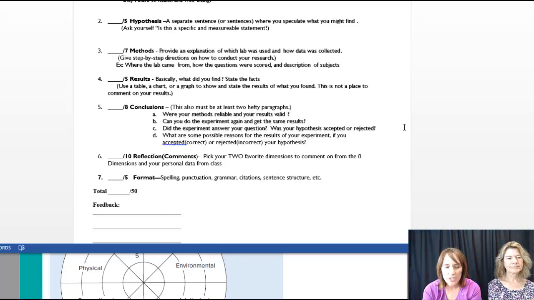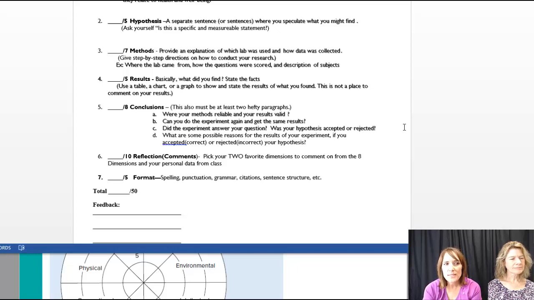The terms worksheet that you're going to be working on day 1 also will help you understand what reliability and validity mean. And the next question, would you be able to repeat this experiment and get the same results? Why or why not? Did your experiment answer your question, or was your hypothesis accepted or rejected? Was it correct or was it incorrect?